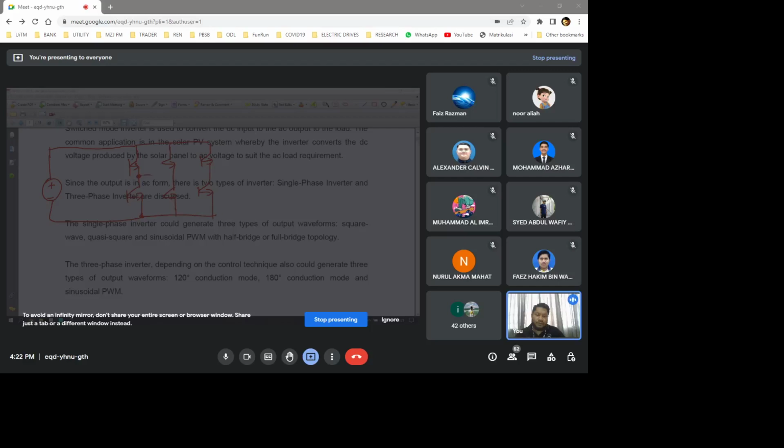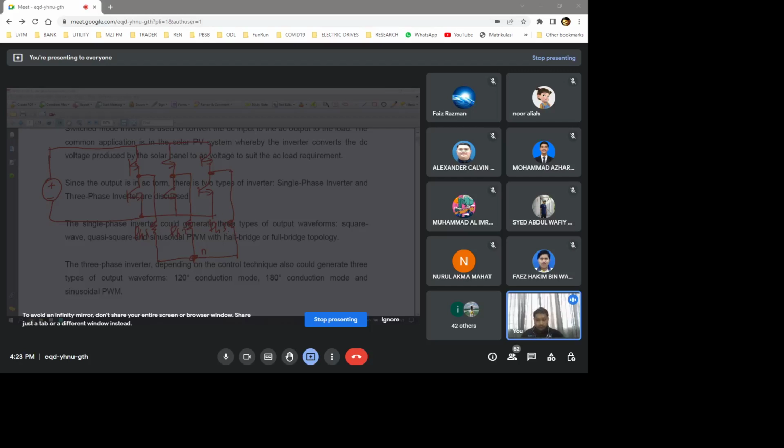The output will be connected to one resistor, first resistor, second resistor, and finally the third resistor load. This is the load, and that will be the neutral point. With this arrangement, we're going to get a three-phase output or three-phase inverter. So that will be phase 1, phase 2, phase 3.